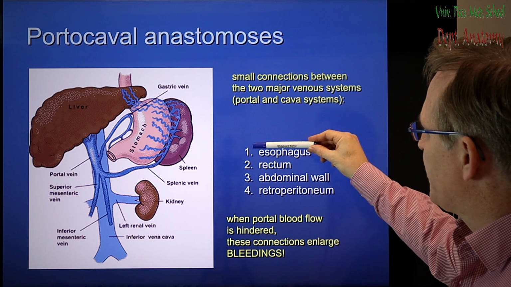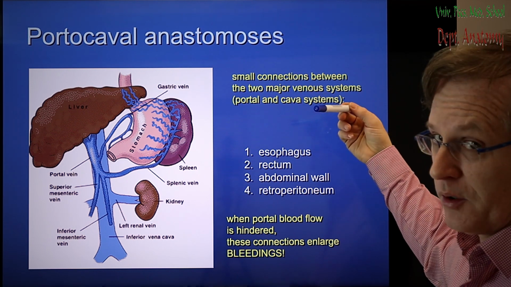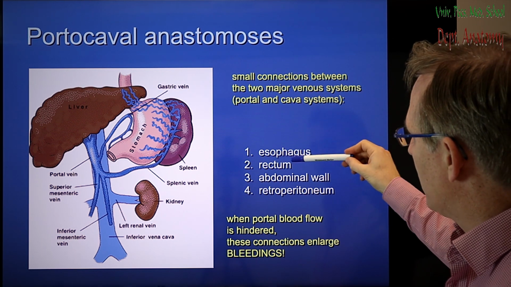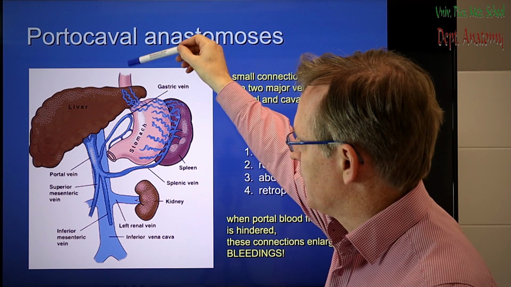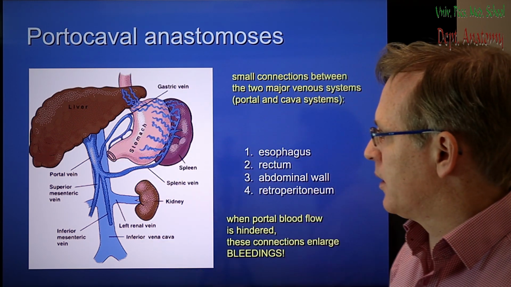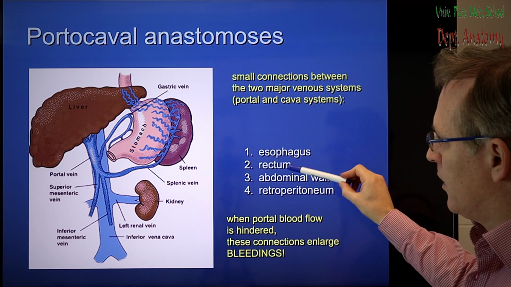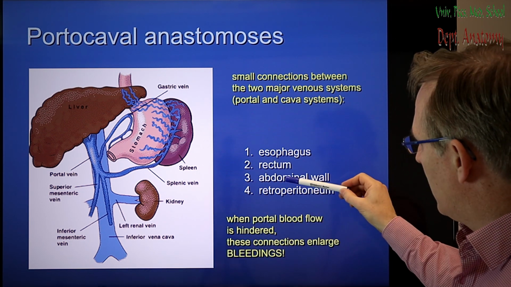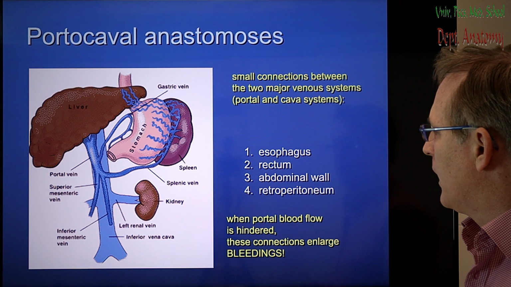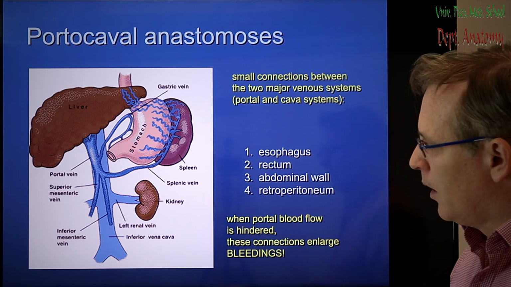So we have lots of small connections, or anastomoses, around the esophagus, between the superior vena cava and the portal venous system, around the rectum, and the abdominal wall and in the retroperitoneum.